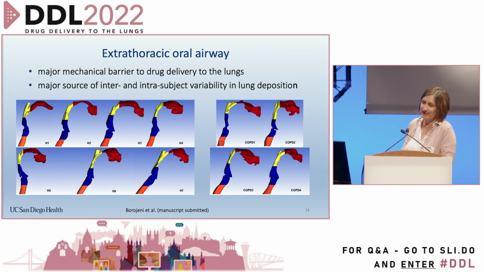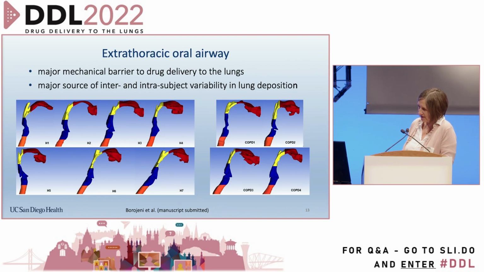You can appreciate from this slide how variable the upper airway geometry looks in subjects. We had 4 COPD patients in these data sets and 7 healthy controls, and there was no major difference between COPD and healthy, as suspected, at least in the geometry, because you would expect the alteration in airway structure to be much deeper in the lung.